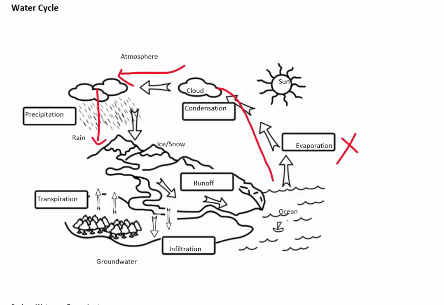And then precipitation can be rain, it can be snow, and once that precipitation hits the ground, there's a couple of different ways that it can go. If it is hitting the ground and actually goes into the ground and down into the under layers below the surface of the earth, that's what we call infiltration.